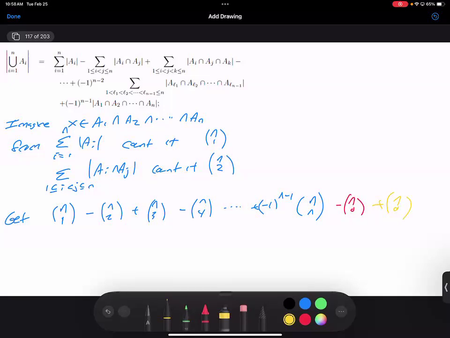Right? And now, where does this minus n choose 0 want to go? It wants to go to the very front.